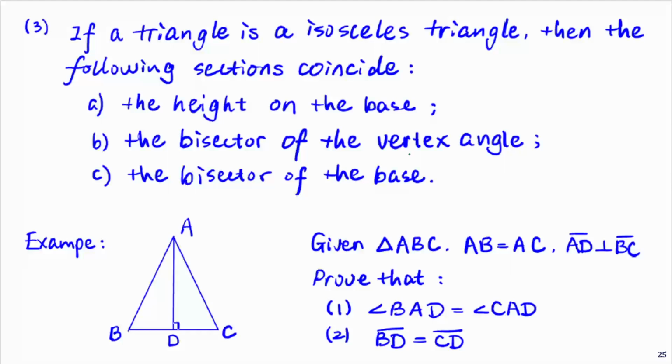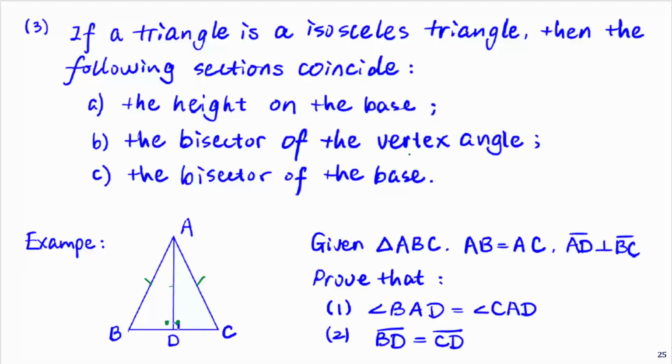I'll give you a quick proof here. AD is perpendicular to BC, then we know this angle and this angle are both 90 degrees, right? And because AB equals AC, this is given information, and they share the same length AD, right? Oh, sorry.